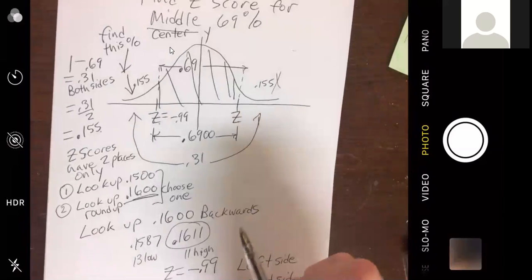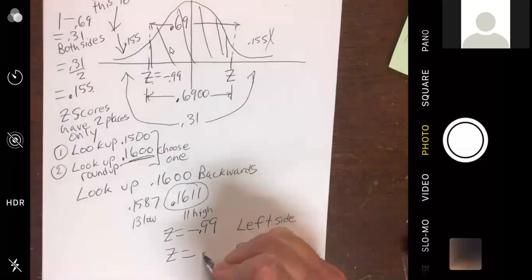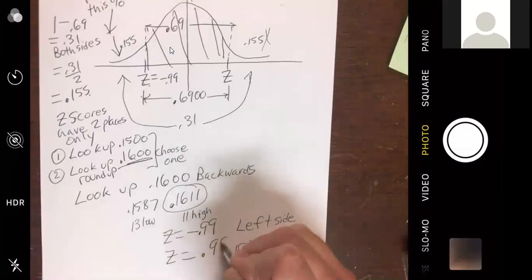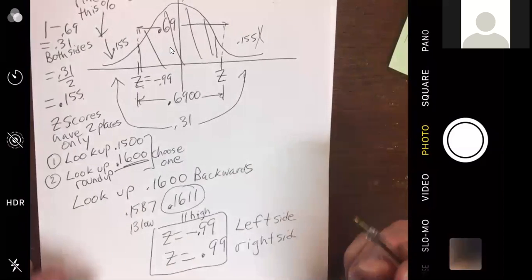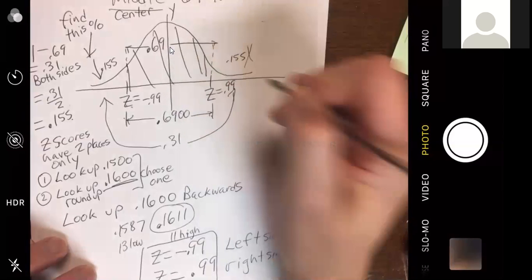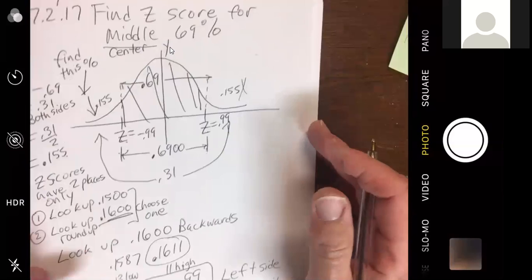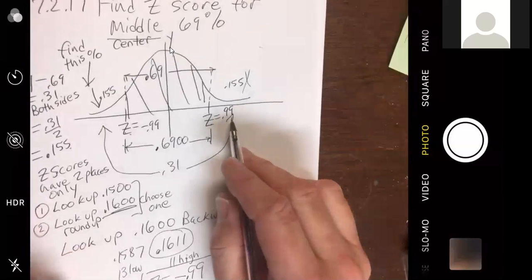I'll take a guess. I think it should be, is it 0.99? Yep, you got it. It's got to be the exact same number. Just switch the sign. If it doesn't work that way, you're not in the middle. So yes, it must work that way to be in the middle.